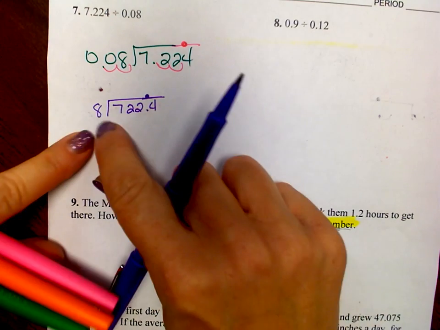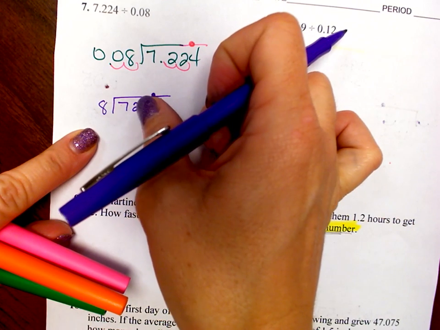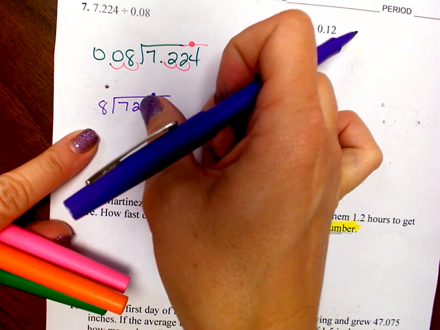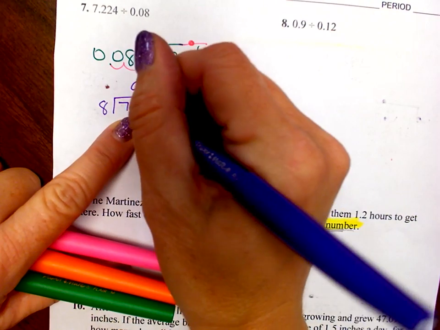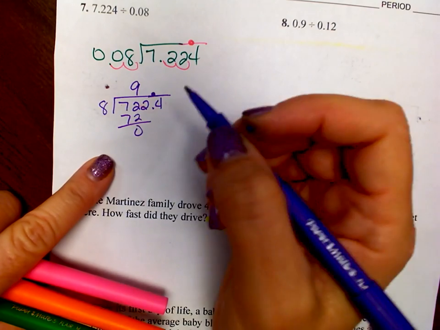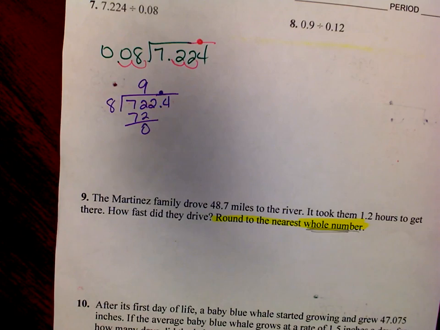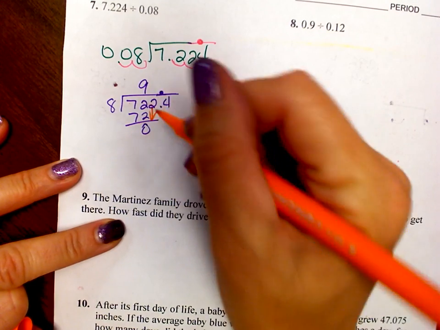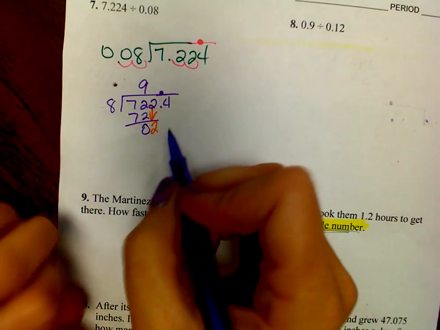And so 8 cannot go into 7. But 8 can go into 72. It can go in there 9 times, and it comes out right at 72. So sometimes this is tricking you up. You're going to have to bring down your 2. Can 8 go into 2?